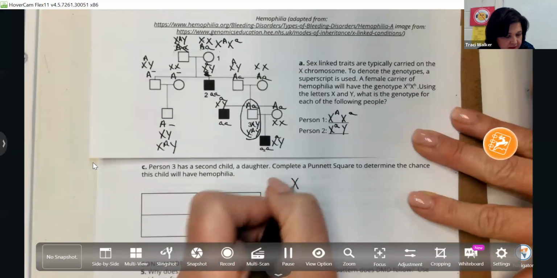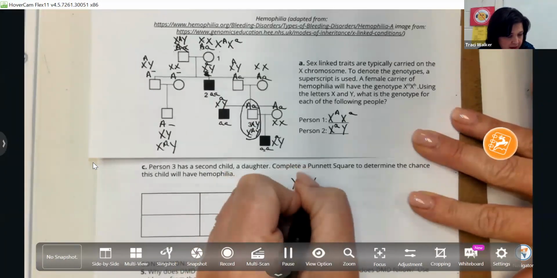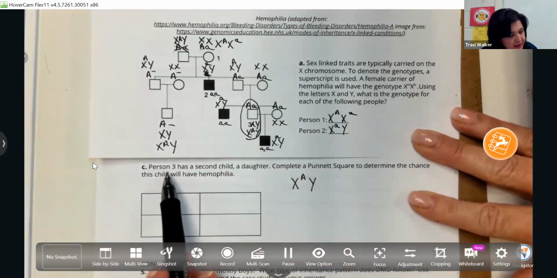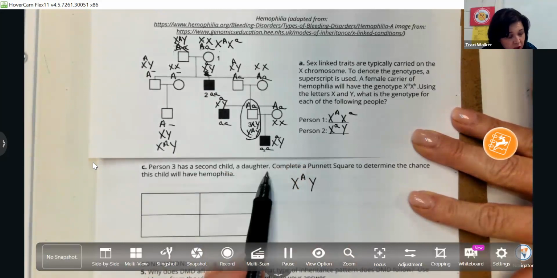So his genotype is X big A Y. Okay, that's a male that is not affected. And it says, what is the probability they will have a second child who is a girl? What is the probability that this child will have hemophilia?